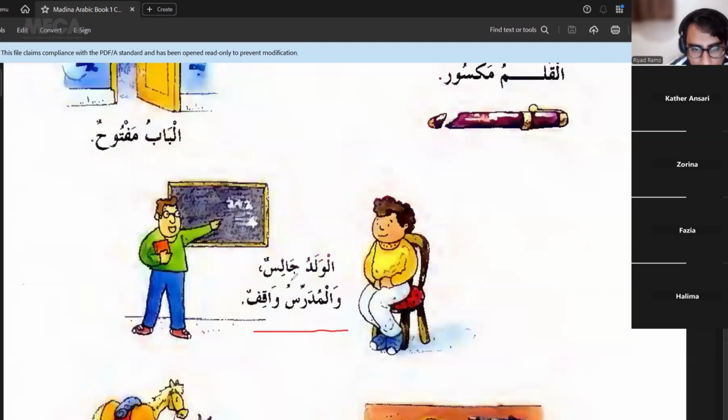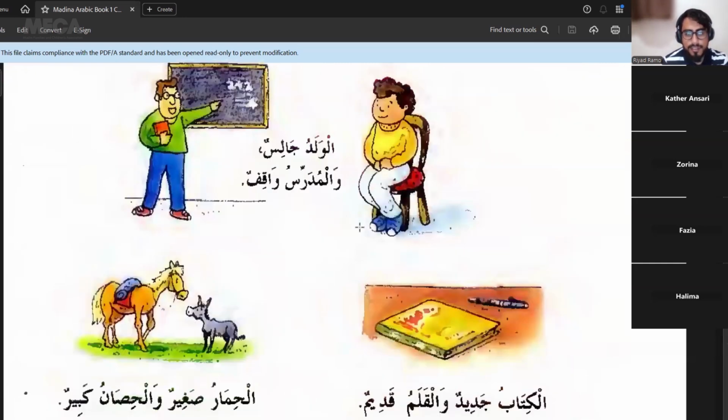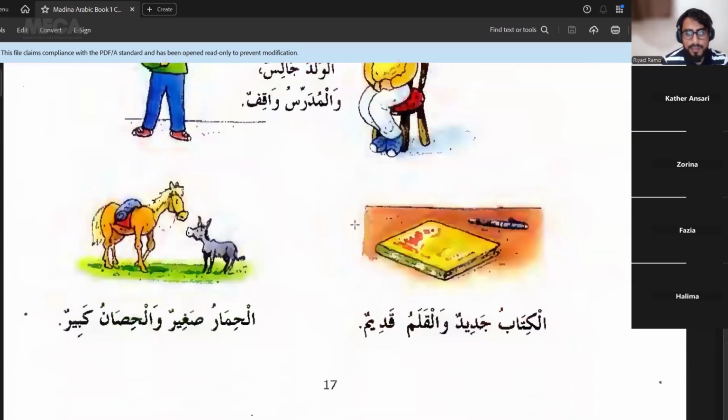Okay, so remember the first one has alif lam, one dhamma. After that, no alif lam, dhammatain. Okay, very good. Any questions? Does anyone have any questions?